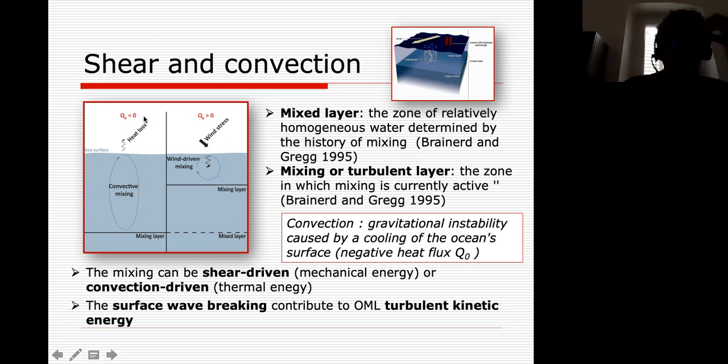Differently, the matter is different when you have a negative heat flux. In this case, the surface water gets denser and falls down, and obviously for continuity, some water parcel goes up in order to maintain the mass balance, and this creates a mixed layer.